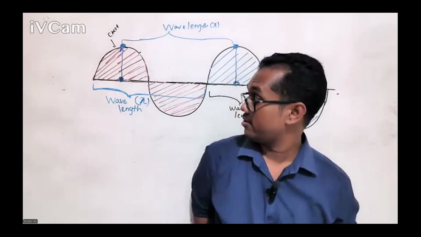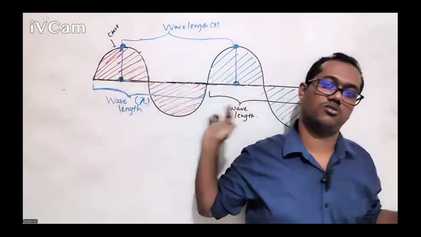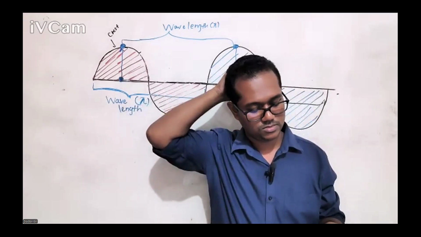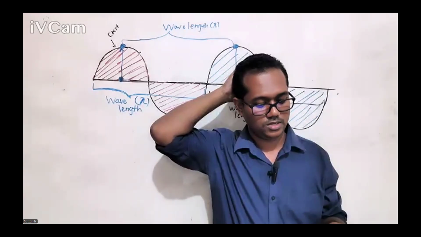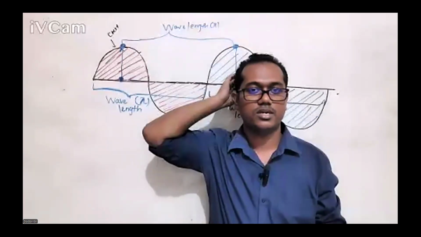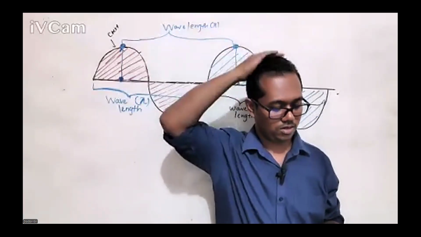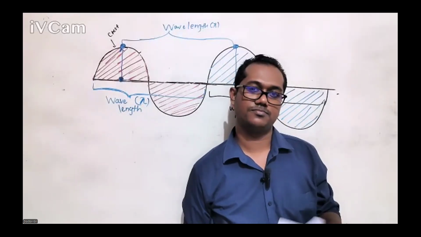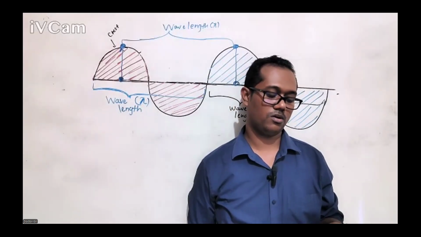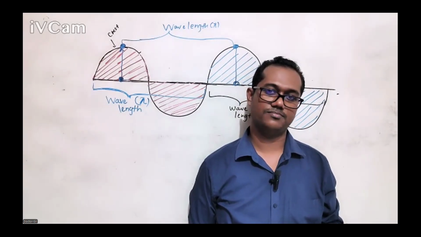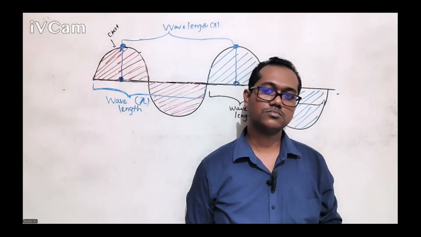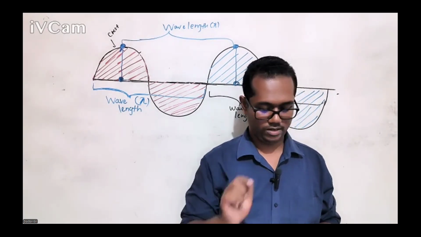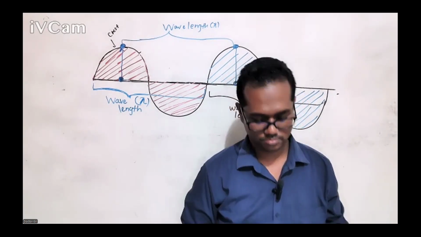Crest to crest, trough to trough, right? Same phase is called as wavelength. Okay, then write down the next one.